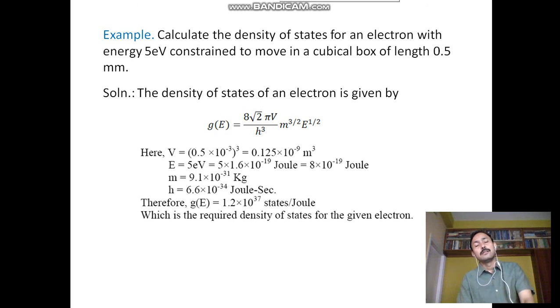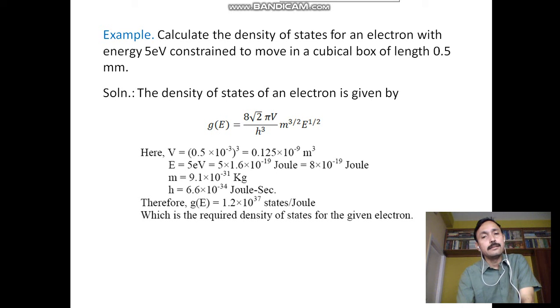We know the density of states of an electron is G(E) equal to 8 root 2 pi V by h cube m to the power 3 by 2 E to the power half. So if we know the data of the right hand side, then we can easily find out the density of states. Now what are the values we know?